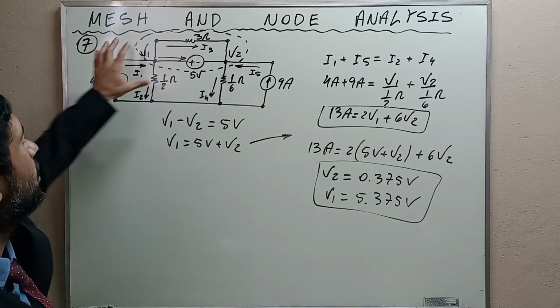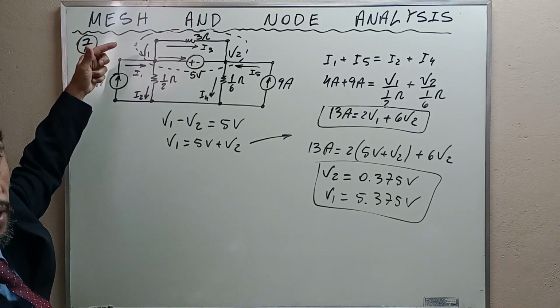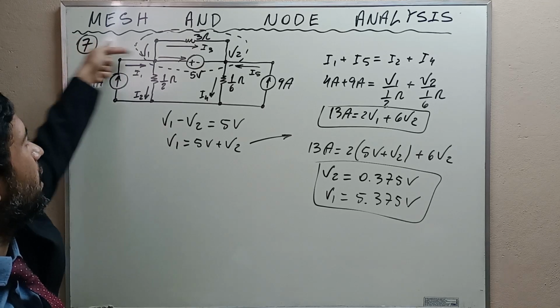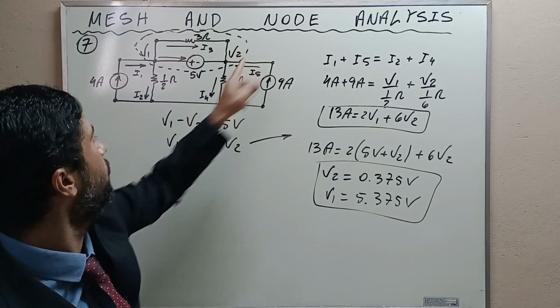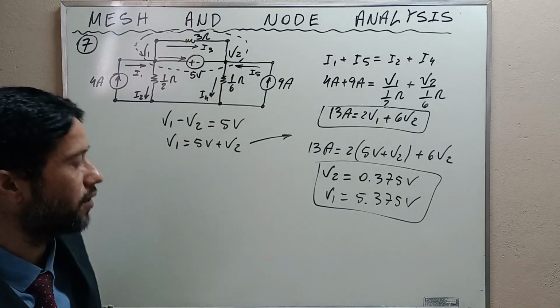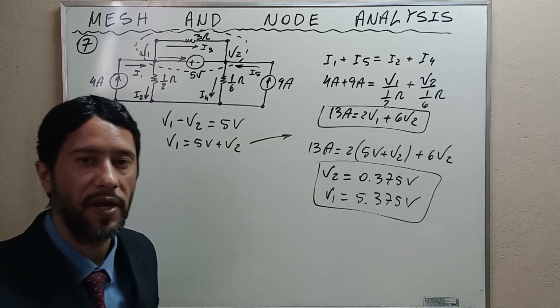We considered all this as a node and observe the currents that enter through here and leave through here, and we calculated this. Okay, my friends, this was exercise number 7, and let's go next. Let's go to exercise number 8.